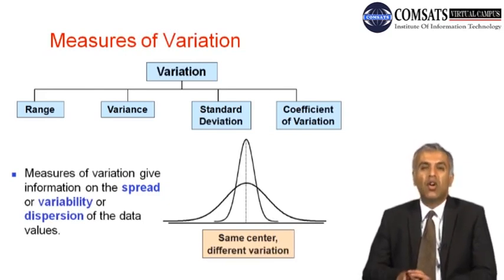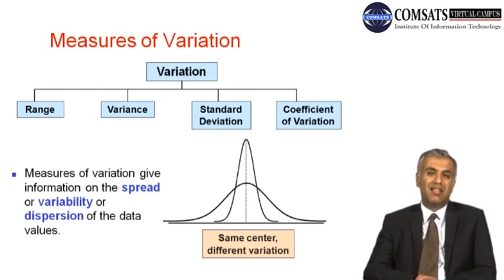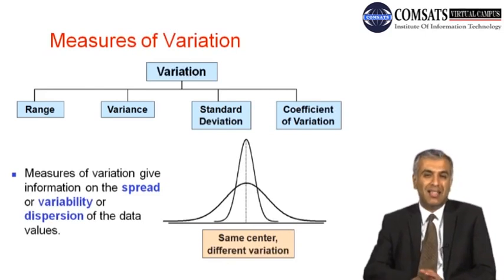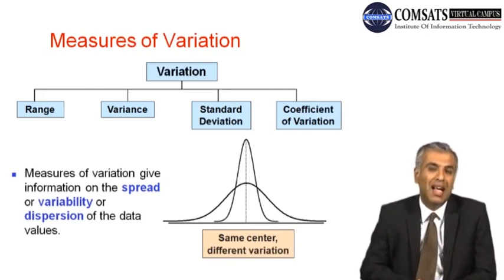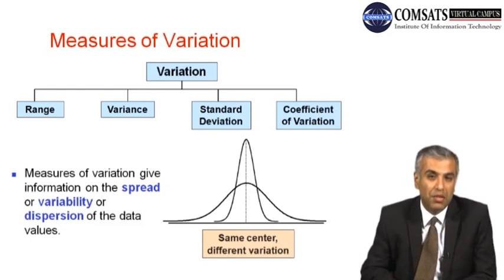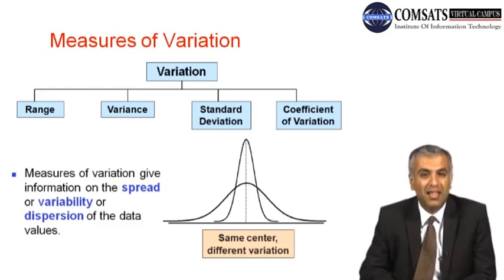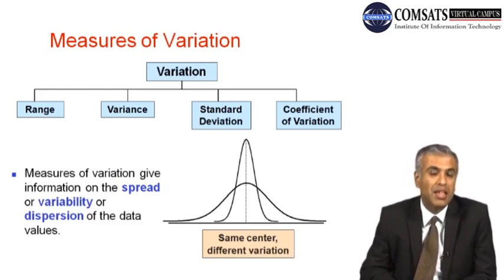Definitely we can only find out this dispersion when we are using a certain value as a reference, as a benchmark, and such a value used as a reference or benchmark is the mean value.